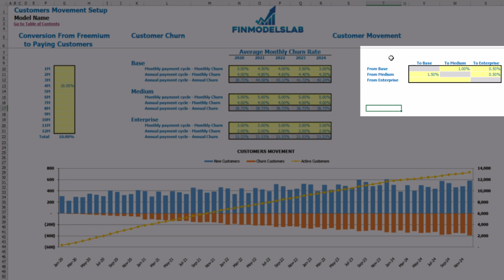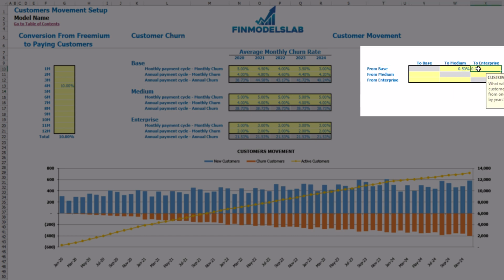The last setup on this tab is customer movement, which shows you the migration between plans. So if you don't need any migration, you can just clean this tab. If you need the migration, for example, from base to medium or enterprise, which is an upgrade, you can input 0.5% for example, which means that 0.5% of your active customers will move from base to medium on a monthly basis.